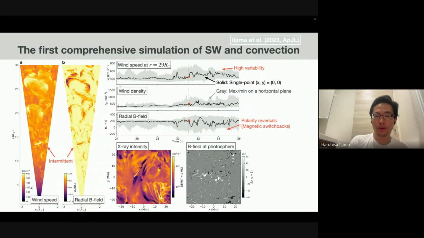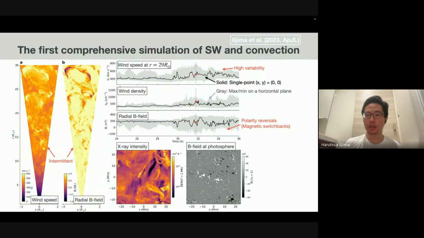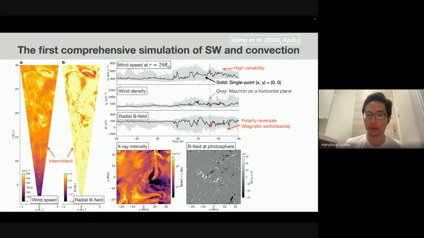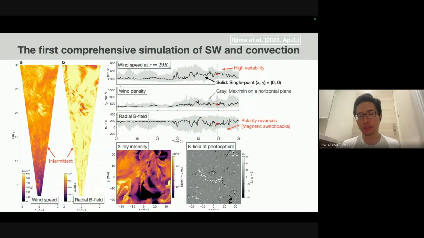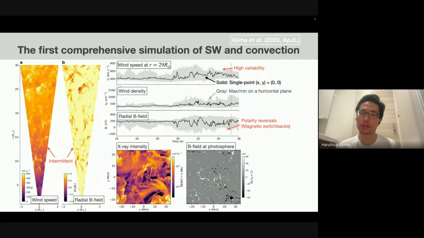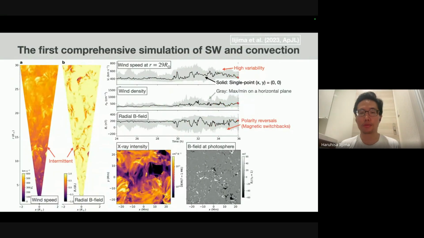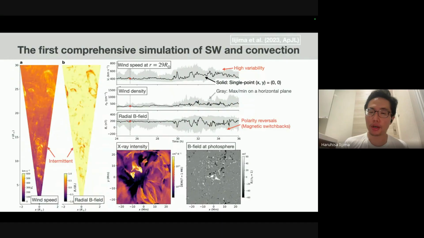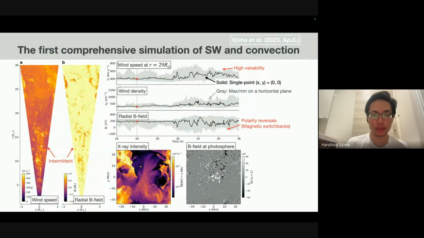We also found that sometimes we have a reversal of the radial magnetic field, which recently attracted attention through the rediscovery by the Parker Solar Probe, also known as magnetic switchbacks.